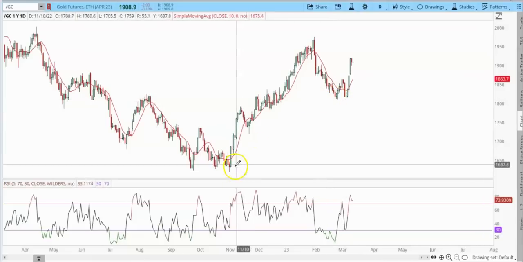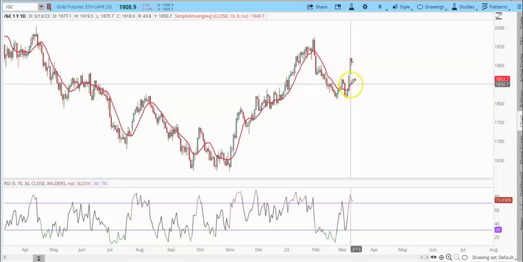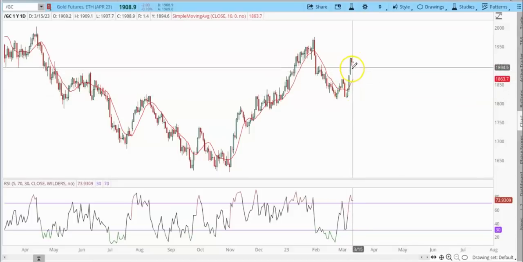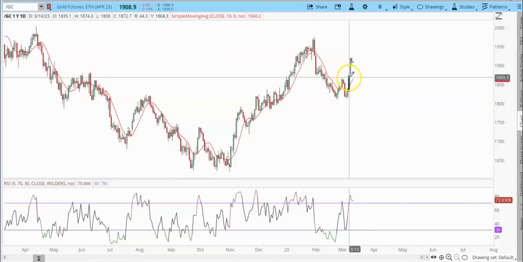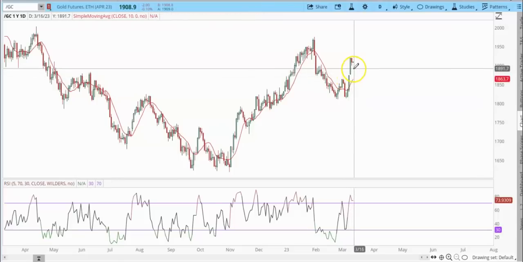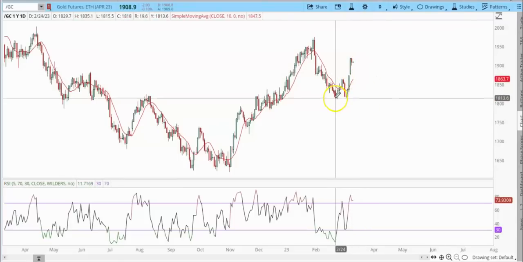Until 3 days ago, this still looked like probably a second daily cycle that was going to rally for a little bit and then roll over and come down and make a lower low.